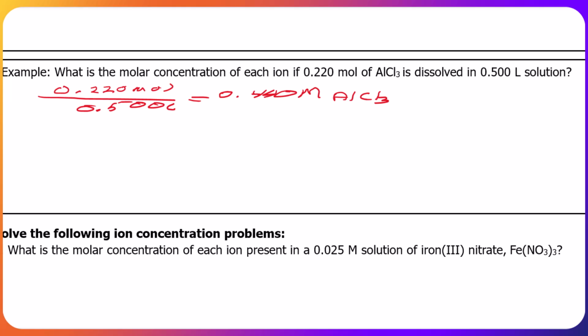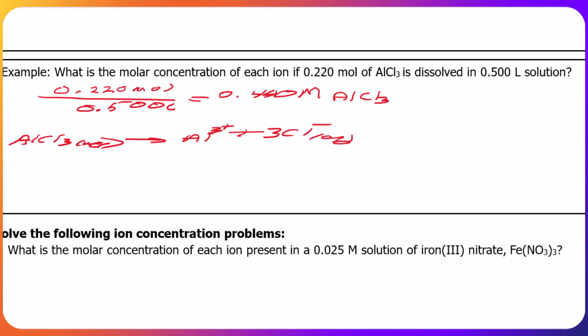Now, all chlorides are soluble except for silver, lead, and mercury, so let's take aluminum chloride. And I think you know what's going to happen. We're going to put it in water. It's going to dissociate into one aluminum ion, which has a 3+ charge, and 3 chloride ions in aqueous solution.